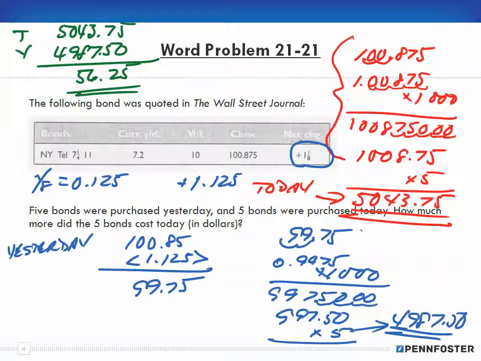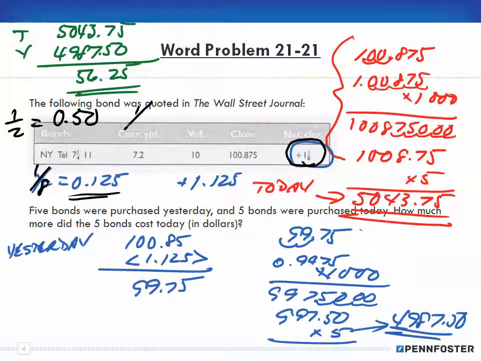The only catch that I would point out to this particular problem is when you're looking at the net change, whenever you see an eighth like that, 1 1/8, all you're doing is taking the 1/8 and dividing the 8 into 1 to give you your decimal equivalent. It's the same as 1/2 being 0.50, or 1/4 being 0.25.